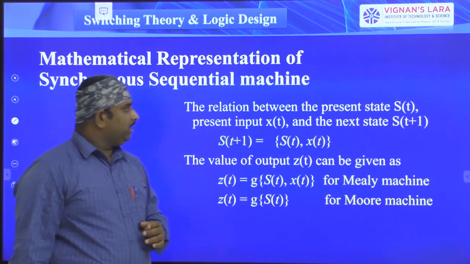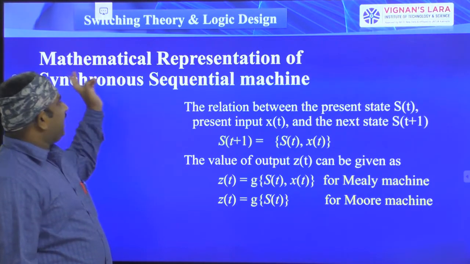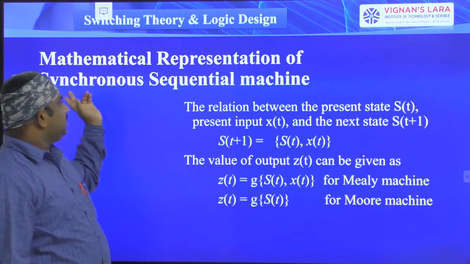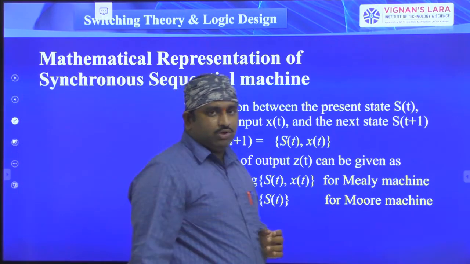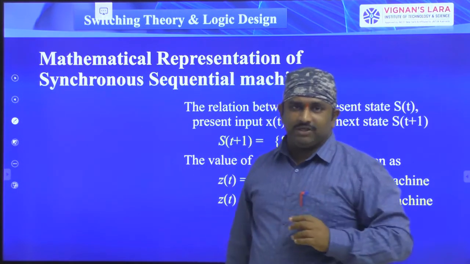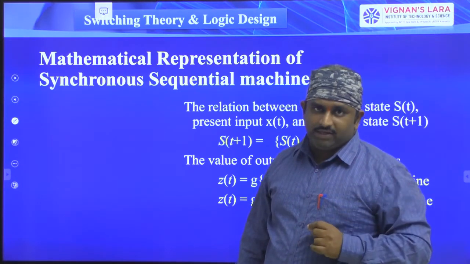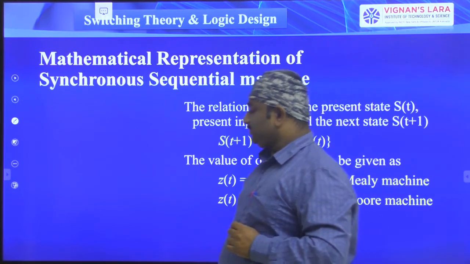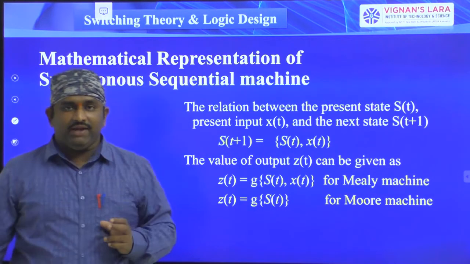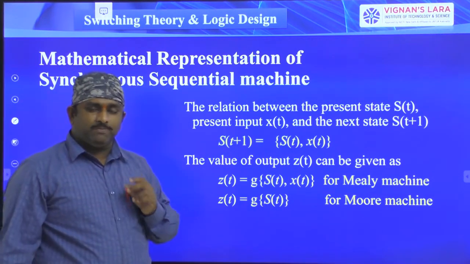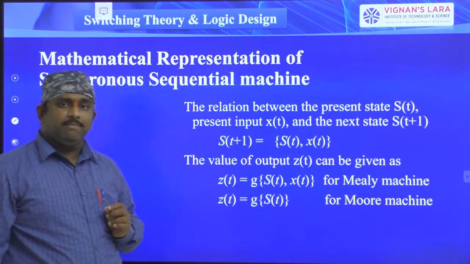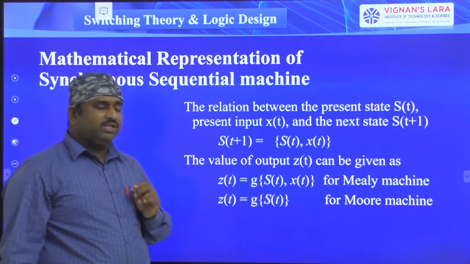Next, here is the mathematical representation of a synchronous sequential machine. Now we will see how to represent the finite state machines, the basic models, with mathematical representation. Actually, in finite state machines, we have two types of machines. The first one is the Mealy model and the second one is the Moore model.